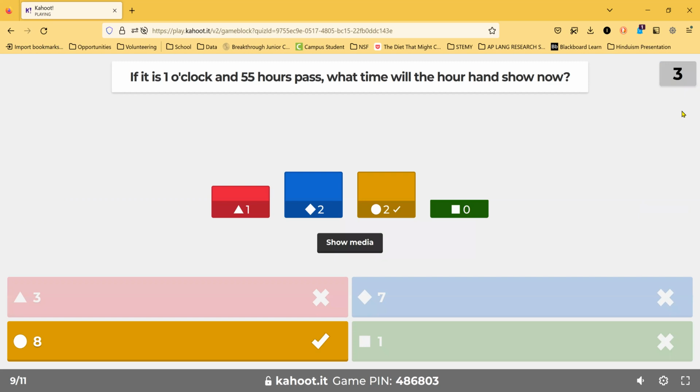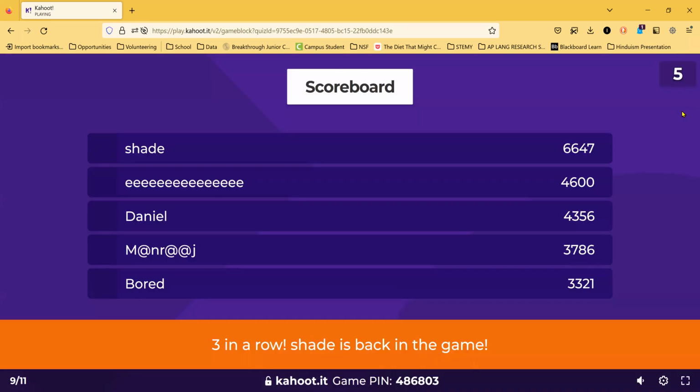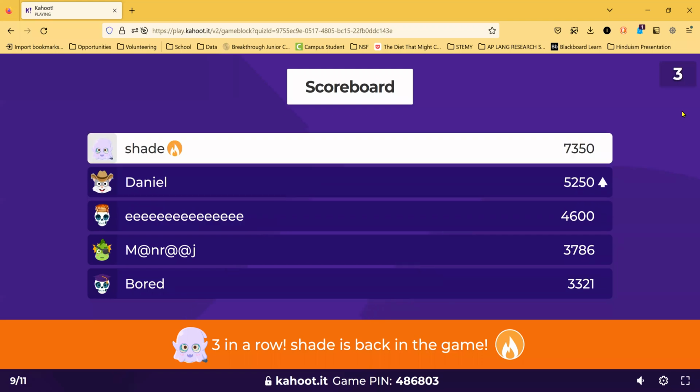The correct answer is 8 because 55 mod 12 is 7, and 7 plus 1 is 8.